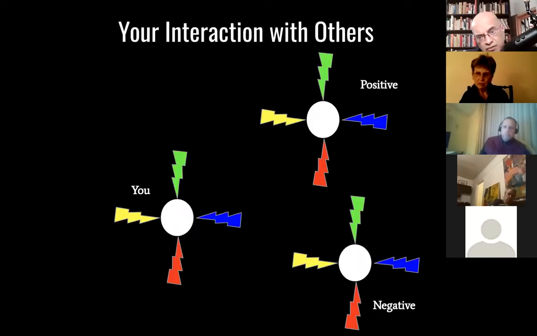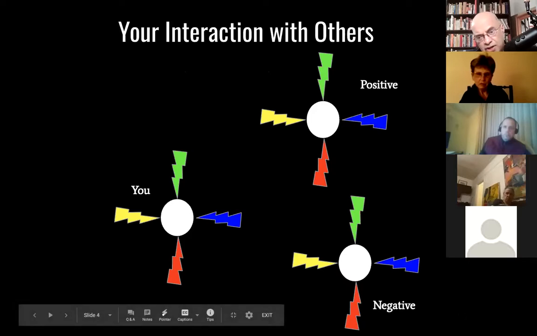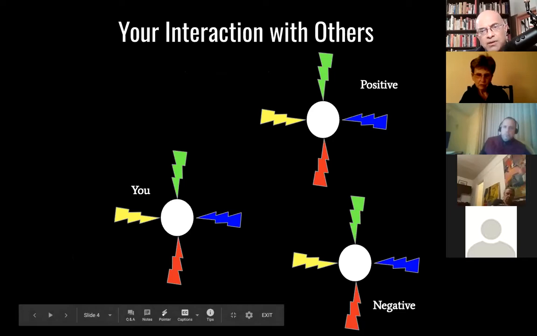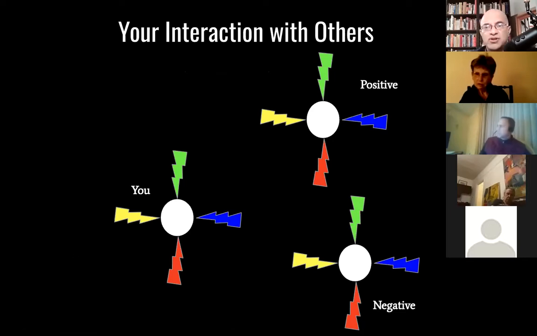Okay, so now I'm going to go to interaction. Now, to actually use this, think of an interaction which you think is extremely positive for you. And also think of another interaction which is actually negative for you.